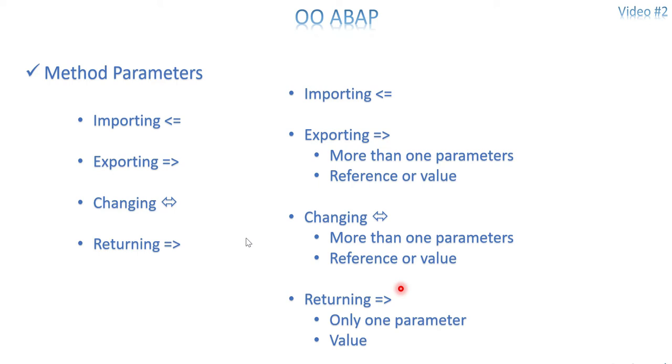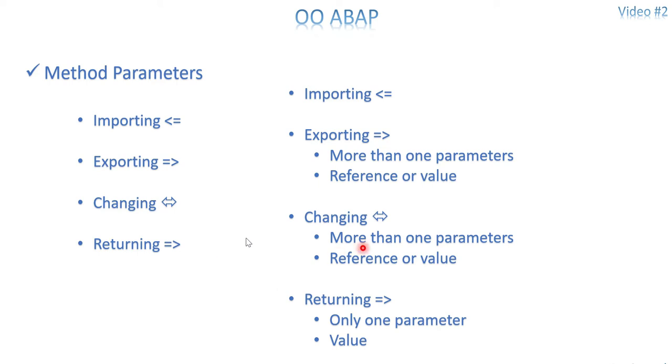There are some changes in the syntax, so it directly gets the value into the variable, and it is always returning only one parameter. So a lot of advantages depending on your requirement, again I'm saying. So these are the different properties of importing, exporting, changing and returning. Clear? Exceptions I will take later, after I complete the exception concept in ABAP.